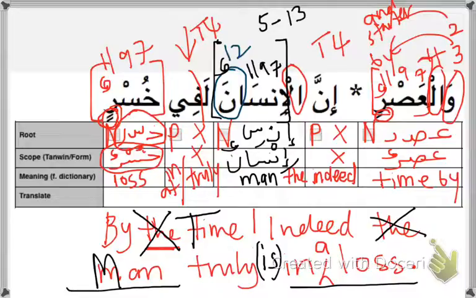So if you look at rule number 2 of the rules of translation, table 7, you need to imply an is in between the subject here and the predicate here, to make it sound better, to make it sound more meaningful. So there you have it. The eventual translation would be by time, indeed man truly is in a loss.